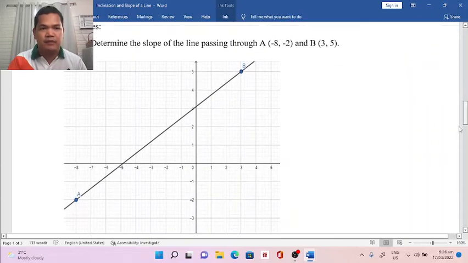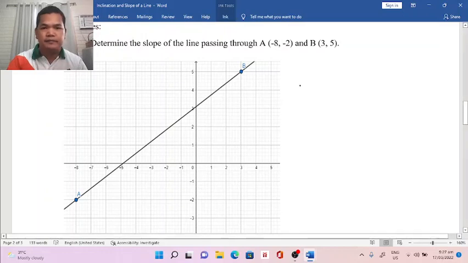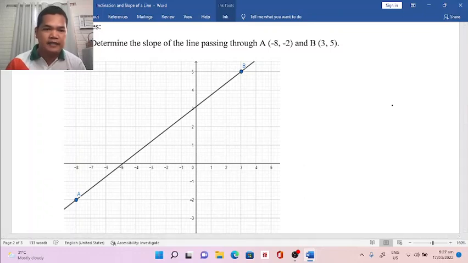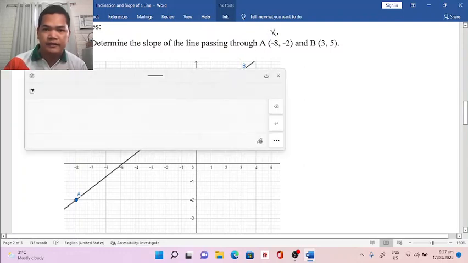For example 1, we have to determine the slope of the line passing through A, negative 8 and negative 2, and B, 3 and 5. Here we have the graph, and as you can see, we have point B and point A. Let us have A as our x sub 1 and y sub 1.